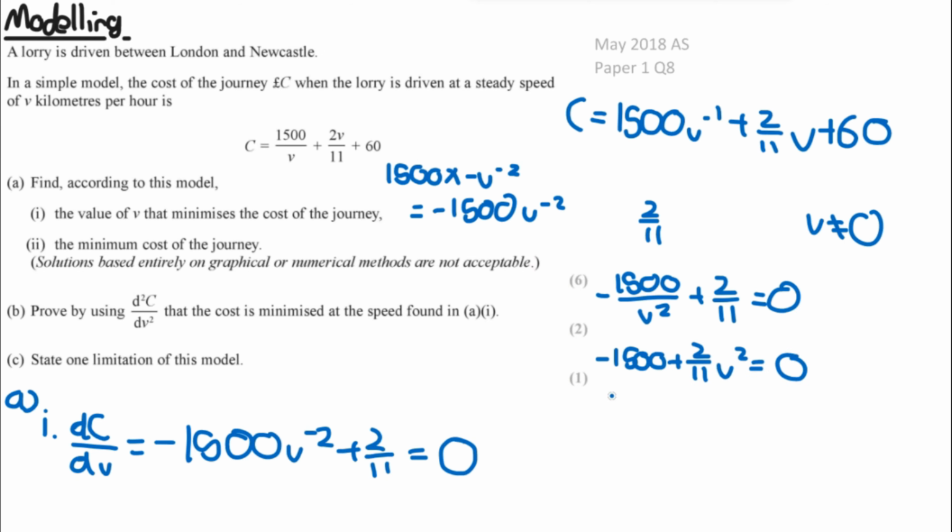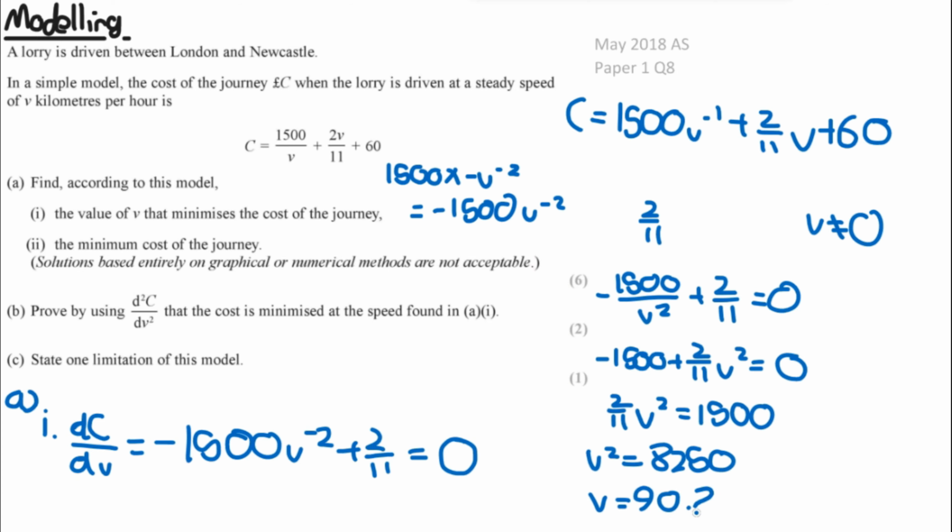Move this onto the other side to get 2 over 11 v squared is equal to 1500, and then v squared is going to be 1500 divided by 2 over 11, which if you put into a calculator is equal to 8250, so therefore v is equal to 90.8 to 1 decimal place.